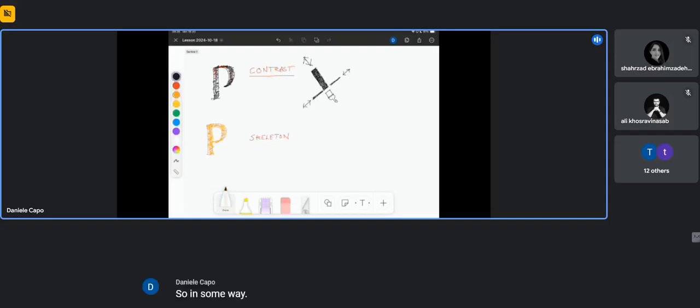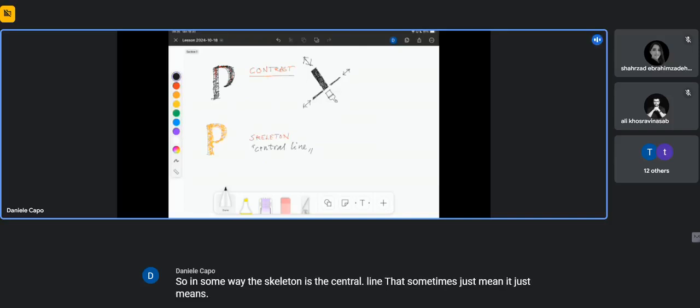So in some way, the skeleton is the central line that just means the trace of the movement of the pen while writing. Okay.